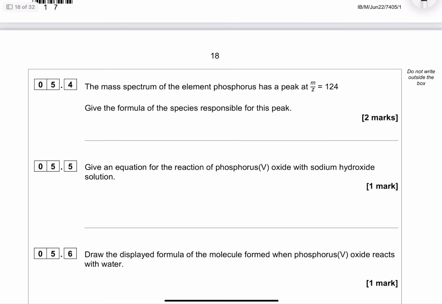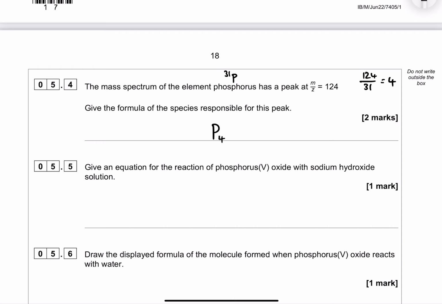The mass spectrum of the element phosphorus, which if we look in the periodic table is 31.0, so it must have a 31 isotope, has a peak at 124. Now if you do some simple maths on that, you can see that there are 4 31s in 124, and we know that the formula of phosphorus is P4.